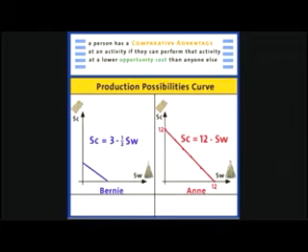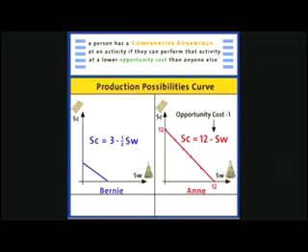Here's Bernie over here, and we know that his production possibilities are represented by this equation. Let's suppose that Bernie and Ann are both running cleaning businesses and that they are working independently of each other. If they don't cooperate, then let's suppose that each of them has to sweep the same number of rooms that they scrub.